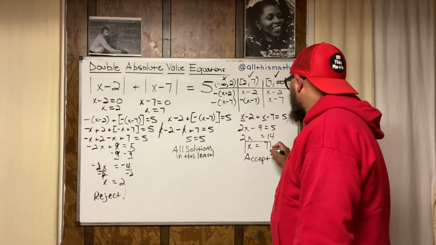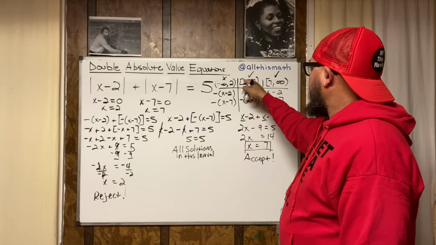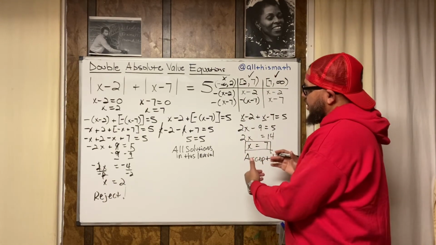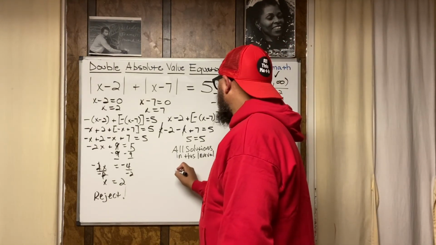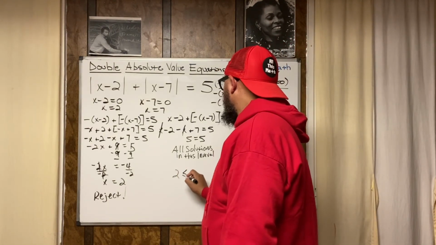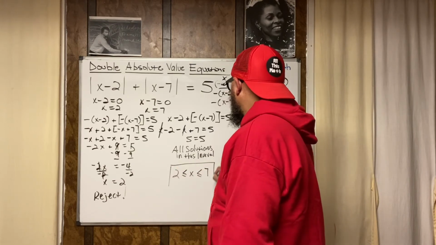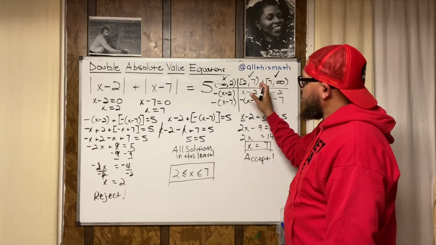All right, so your solutions are 7 and 2. Basically everything between 2 and 7 is included. So one way we could also write this is we could write 2 is less than or equal to x, which is less than or equal to 7, because in this interval, 7 is not included.